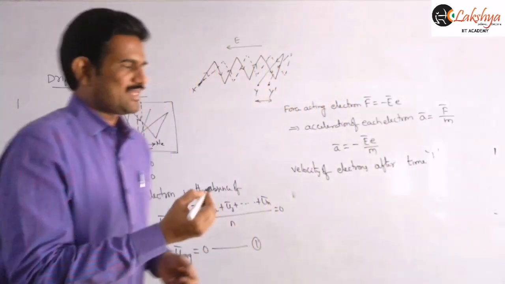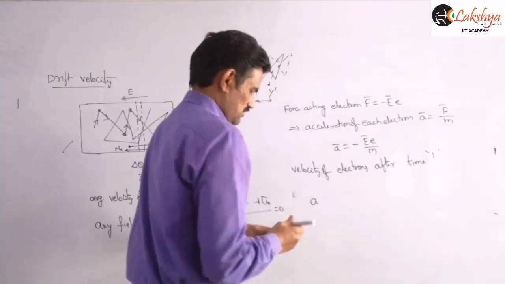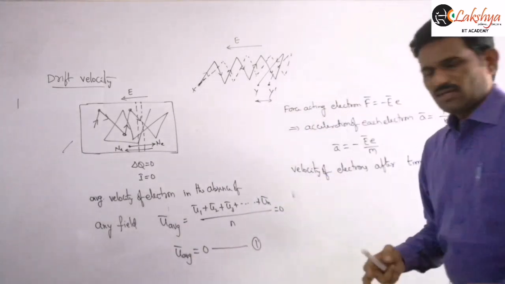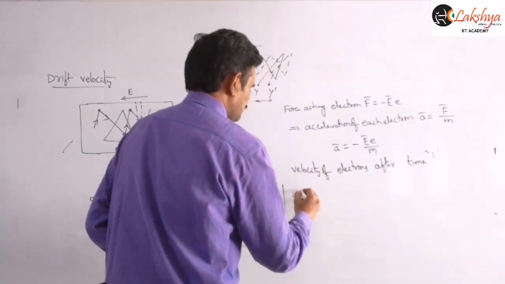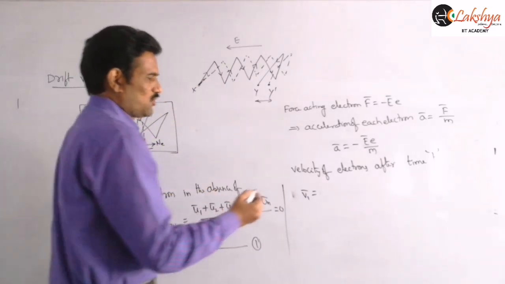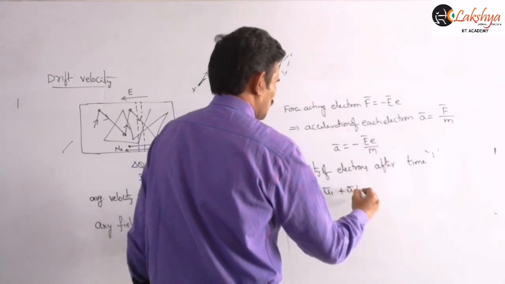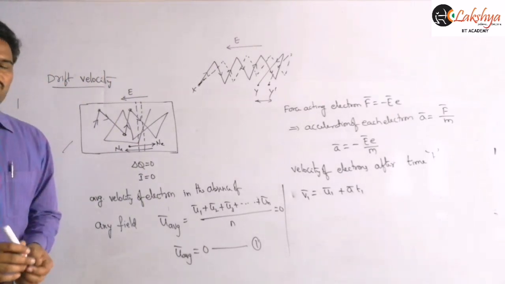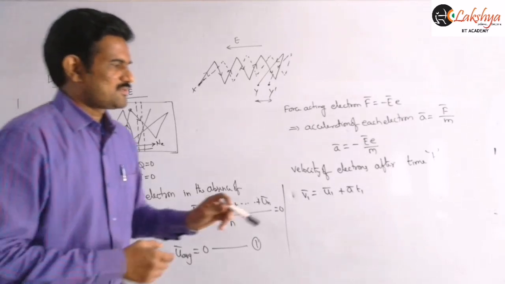So this V bar is equal to, now we are writing for the different velocities of different particles. For one of the electrons, for example, V1 bar is equal to U1 bar plus A bar into T1. Now this we are writing as the velocity between two successive collisions, right? That means between two collisions.